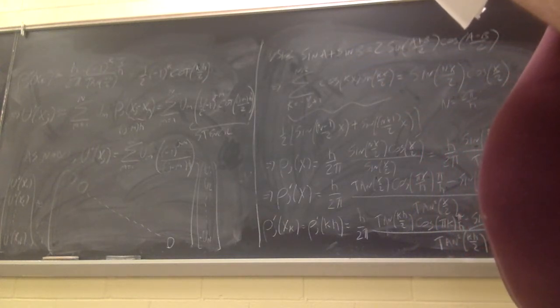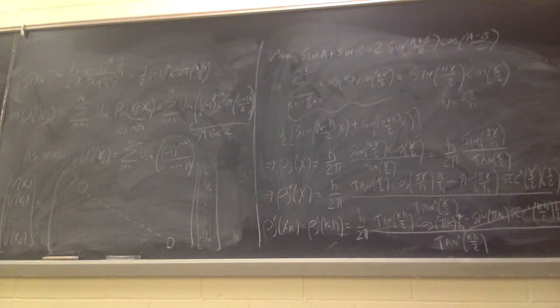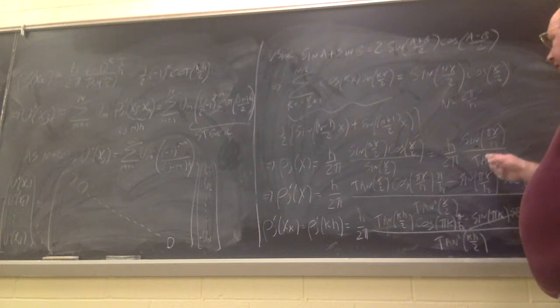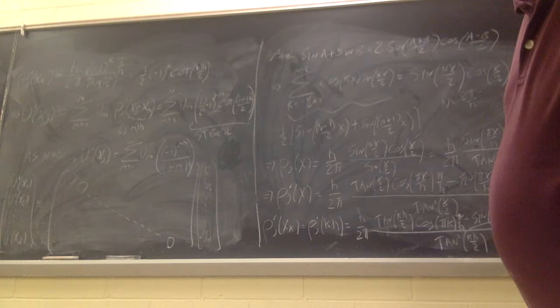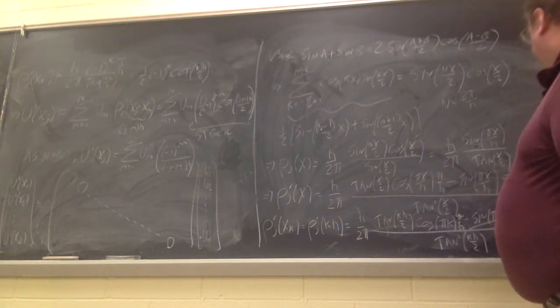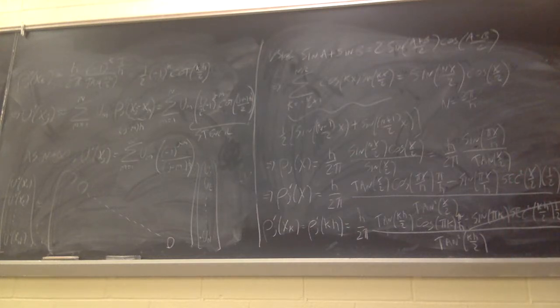So if I go back over here, as x is going to 0, I'm getting 1. But as x is going to 0 in the derivative, well, secant is going to 1.